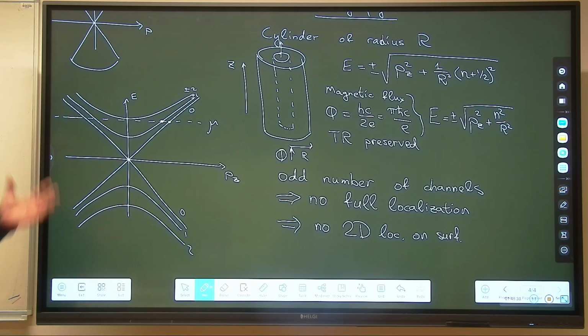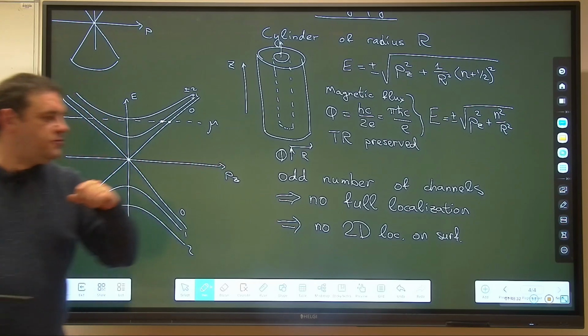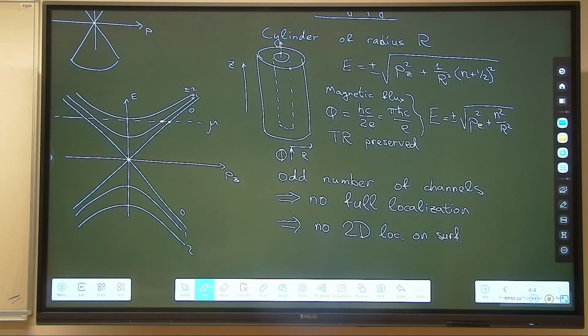So that's kind of a proof that this 2-dimensional metal on the surface of a 3D topological insulator cannot be fully localized by disorder, which is consistent with the fact that we had Z2 in the specific entry in that table, and actually for any other entry we can also build some Hamiltonian and proof.